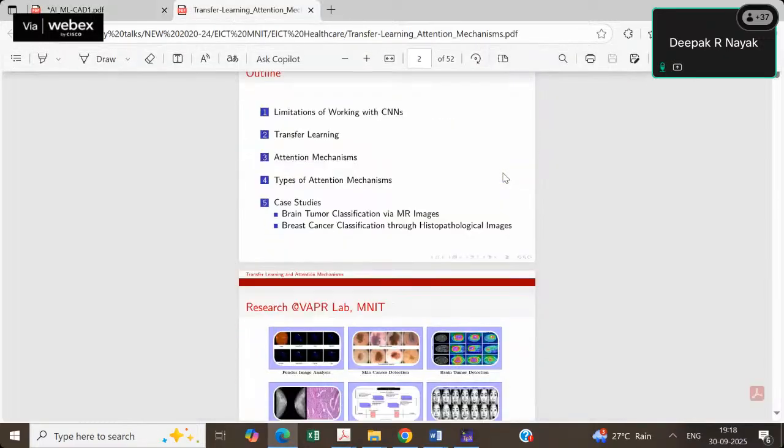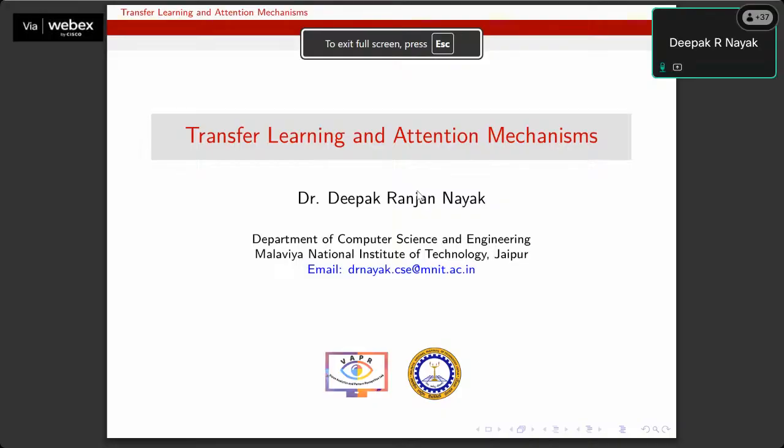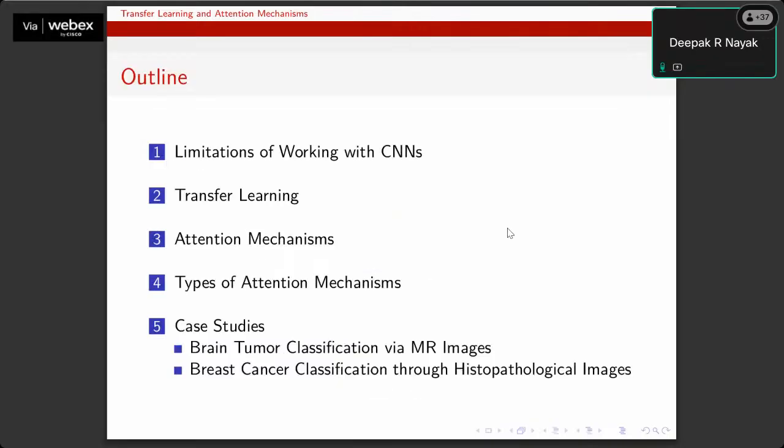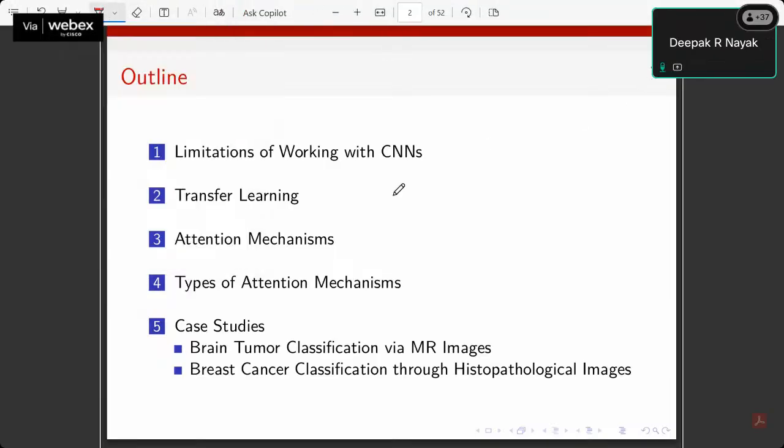Fine. Now let us start discussing something called transfer learning. Why do we need transfer learning? And of course, followed by attention mechanisms. Here are the contents which I would like to discuss in this session. I'll start with the limitations of working with convolutional neural networks.